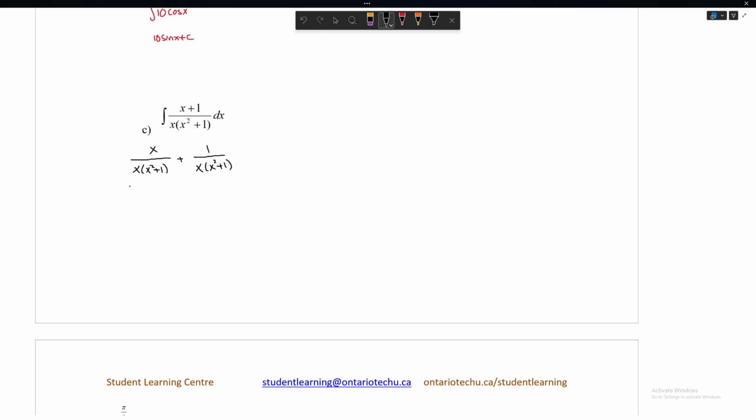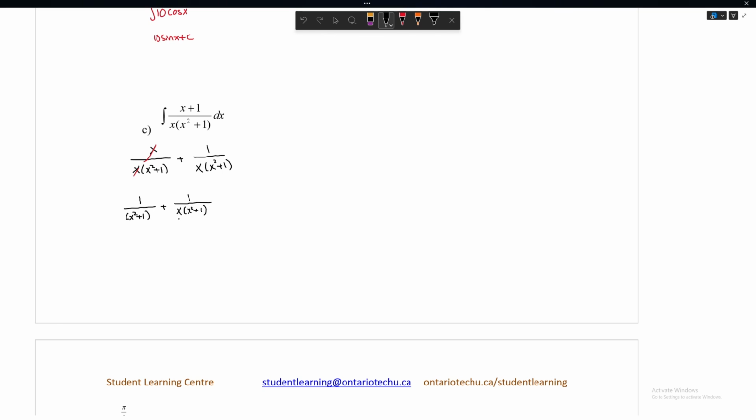I'm thinking, can I keep them at the bottom and use them to my advantage? No, I don't think so. So these two cancel out. What I'll get is 1 over x squared plus 1 plus 1 over x squared plus 1.